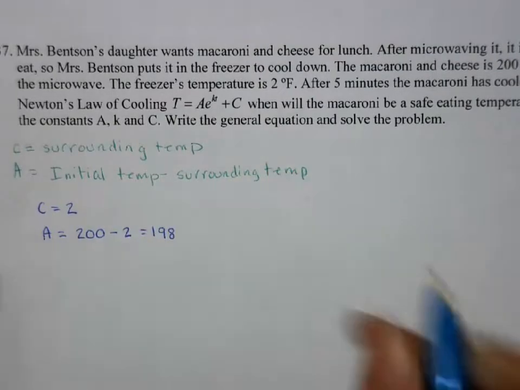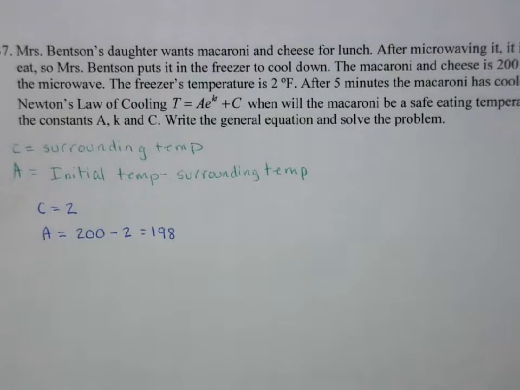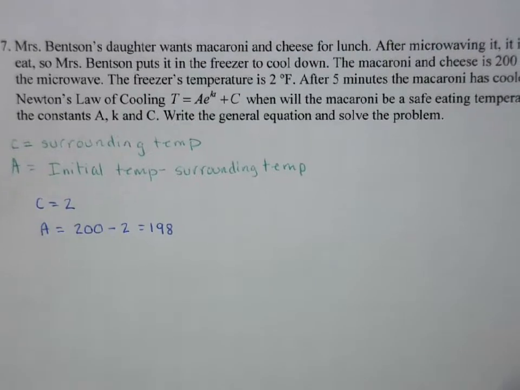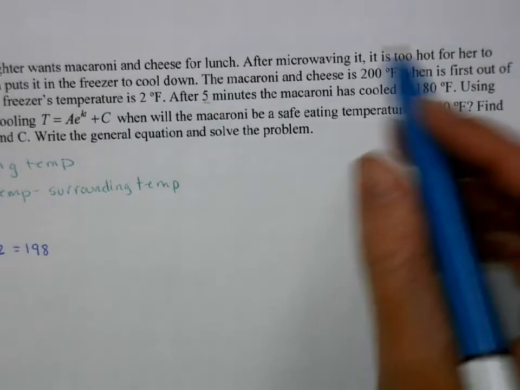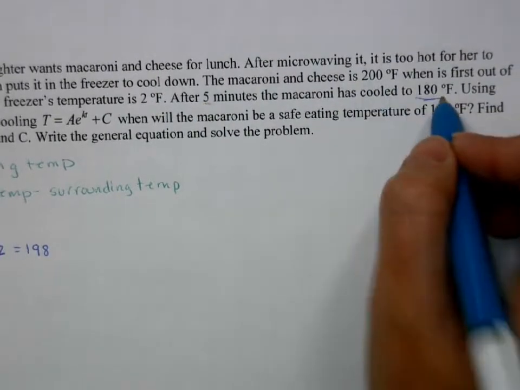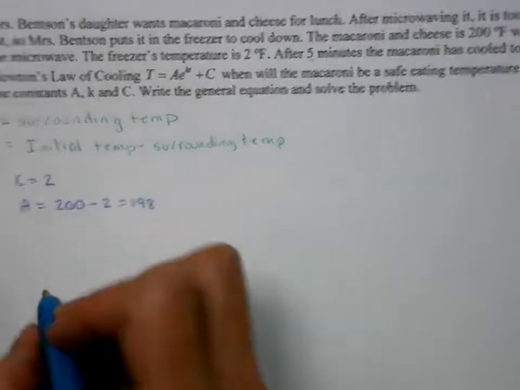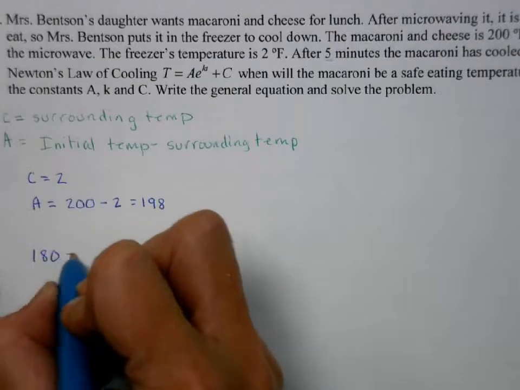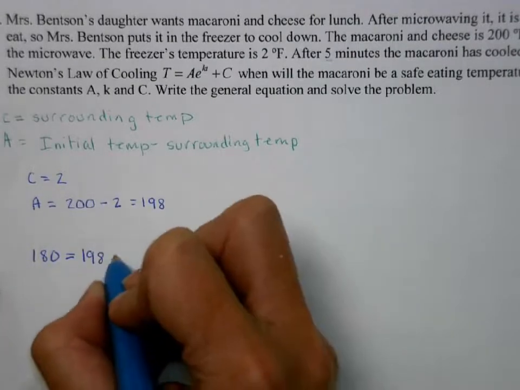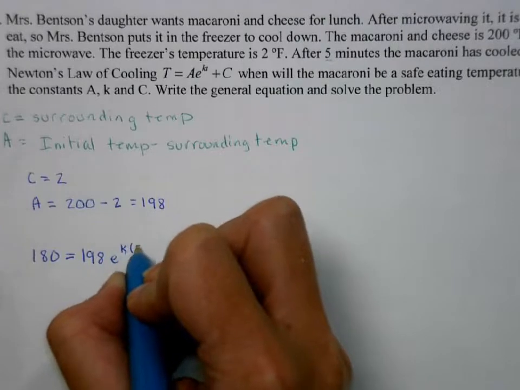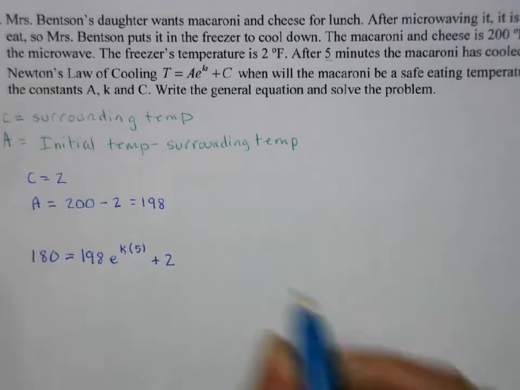To find K, we're going to use the fact that after 5 minutes, our temperature is now 180. So I'm going to set my equation equal to 180. My A is 198, e to the K times 5 plus C, which is 2. So I'm going to subtract 2.